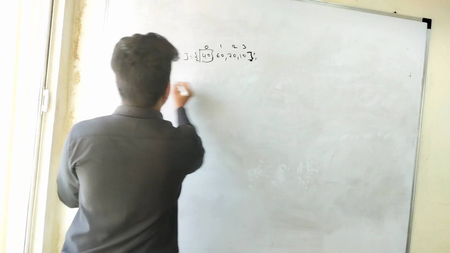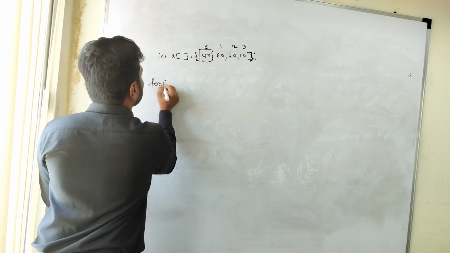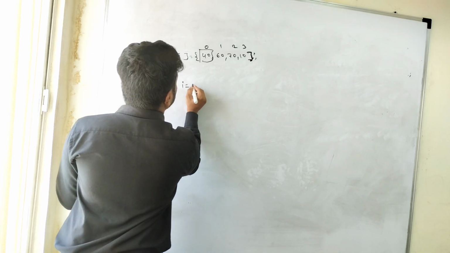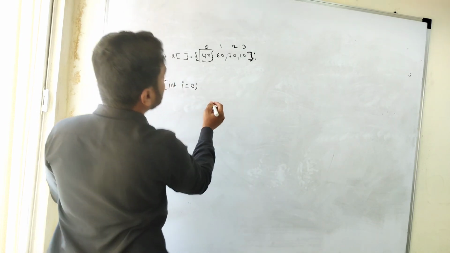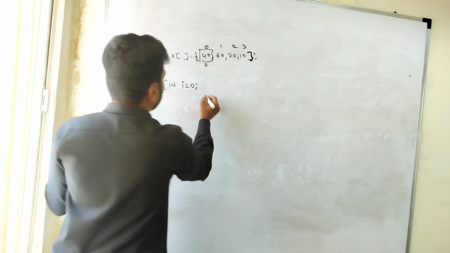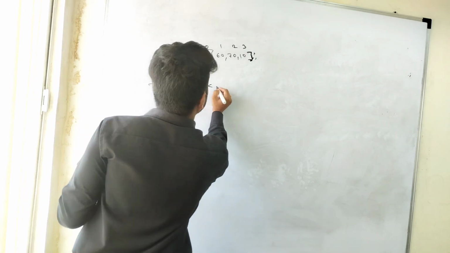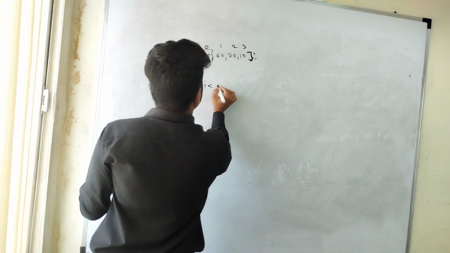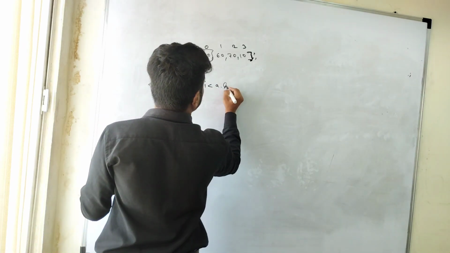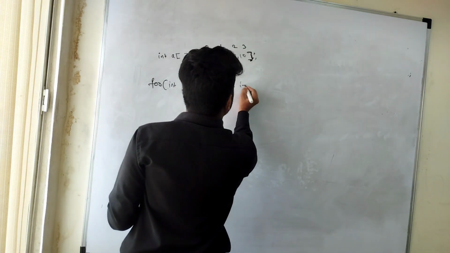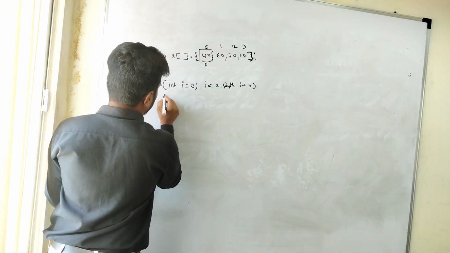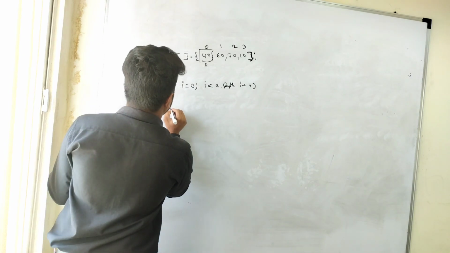For, I am taking the first for loop. I equal to 0. Why? Because I am taking index of 0. I is less than the length; I am checking the length. Now I am comparing.